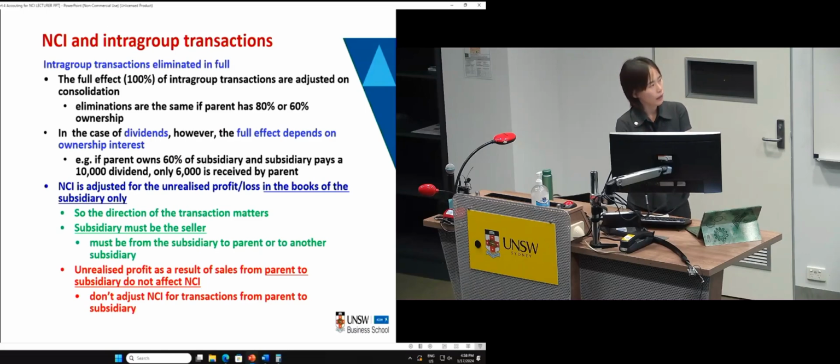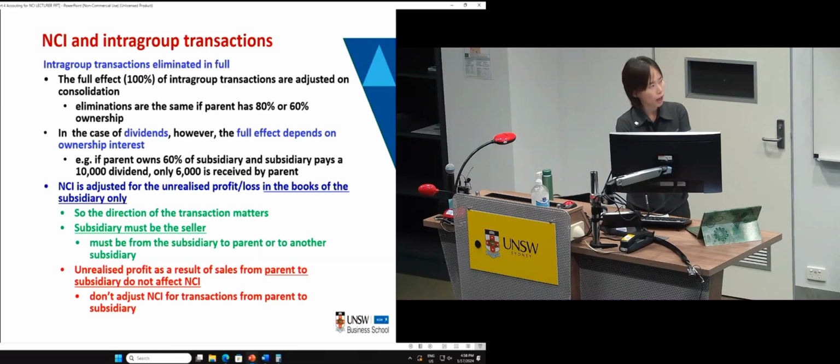The NCI will be adjusted if a subsidiary entity, as a seller, records the profit or loss from these intragroup transactions, and those profits or losses remain unrealized from the group viewpoint, and are therefore required to be eliminated in the worksheet.